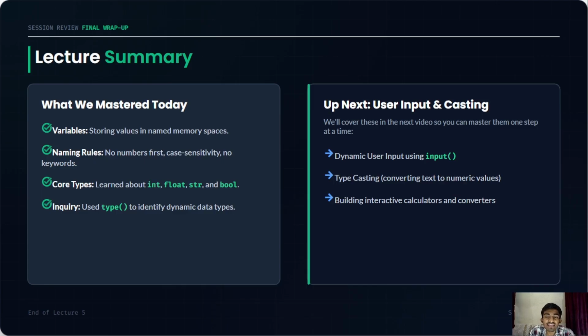We use snake case, with the underscore in between. We understood one of Python's biggest advantages, called dynamic typing. Python automatically identifies the type of data we are storing. Then the four basic types of data: integers, float, strings, and boolean. We also learned how to check types of data using the type function.